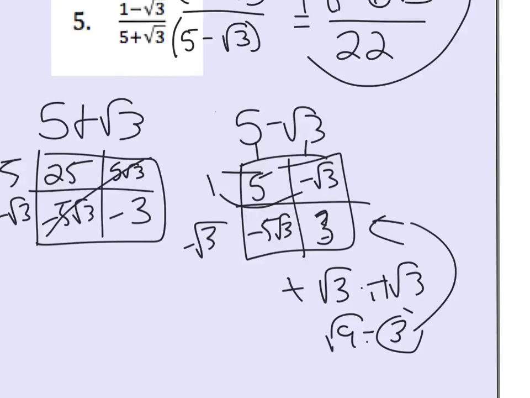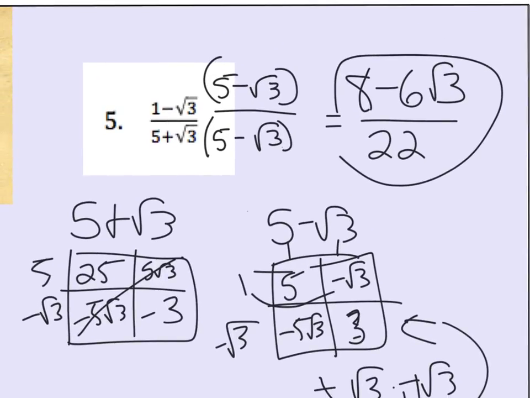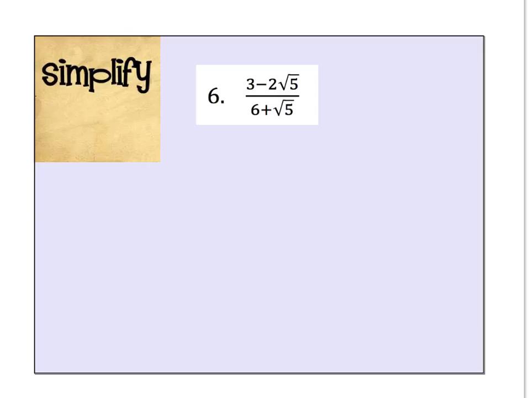So not an easy problem, but you've got to realize you've got to take your what we call your conjugate, which is the same terms, just a different sign. So here, it's probably much clearer. 6 square root of 5, 3 minus 2 square root of 5. So I'm going to multiply by the conjugate.